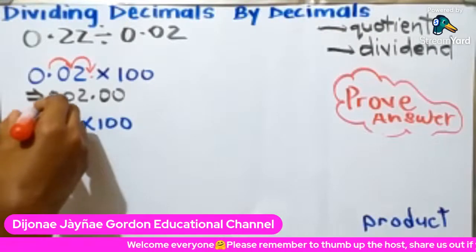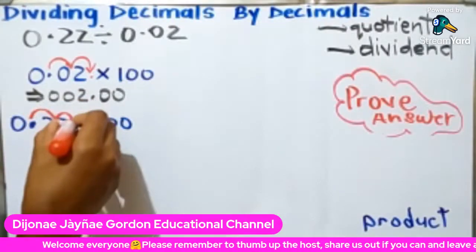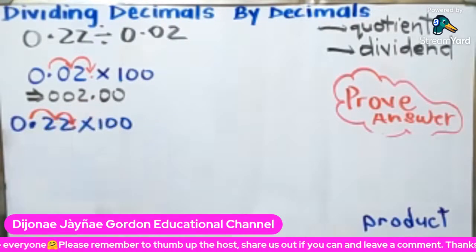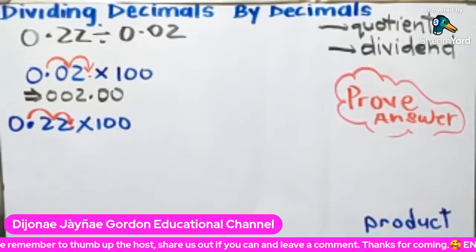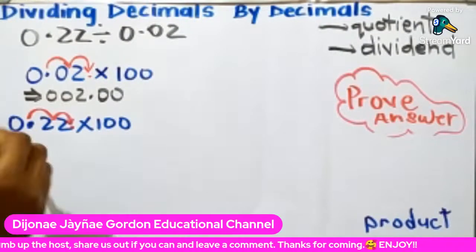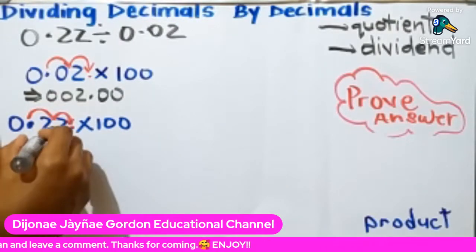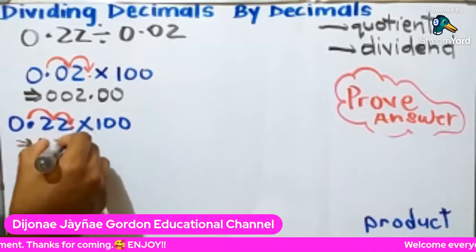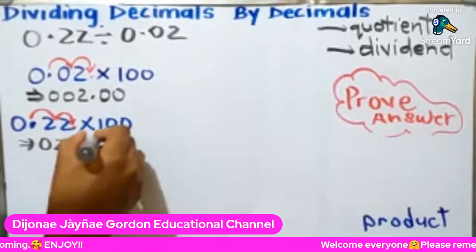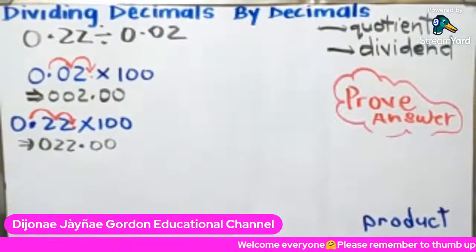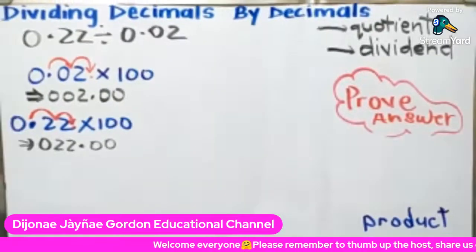Let's do that. 1, 2. Our decimal place is going to come right there. Let's rewrite it so you can see what we have: 0.22.00.